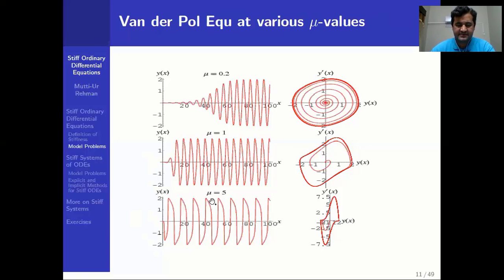And similarly, for instance, if the damping parameter is larger, then you will have more instability around the origin, and you can see, for instance, over here as well. So compared to this one, over here you will have more instability.